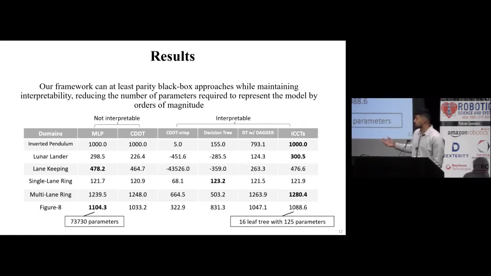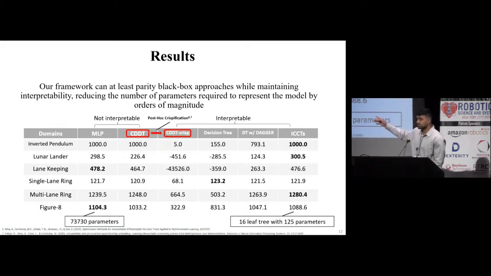In some domains, such as figure 8, we see that we perform a bit worse than an MLP, but maintain much fewer parameters, only requiring a 16-leaf tree with 125 parameters. It should also be noted that the CDDT, an extension of prior work's DDT methodology to continuous domain, greatly suffers in performance when translated to an interpretable model via post-hoc crispification.